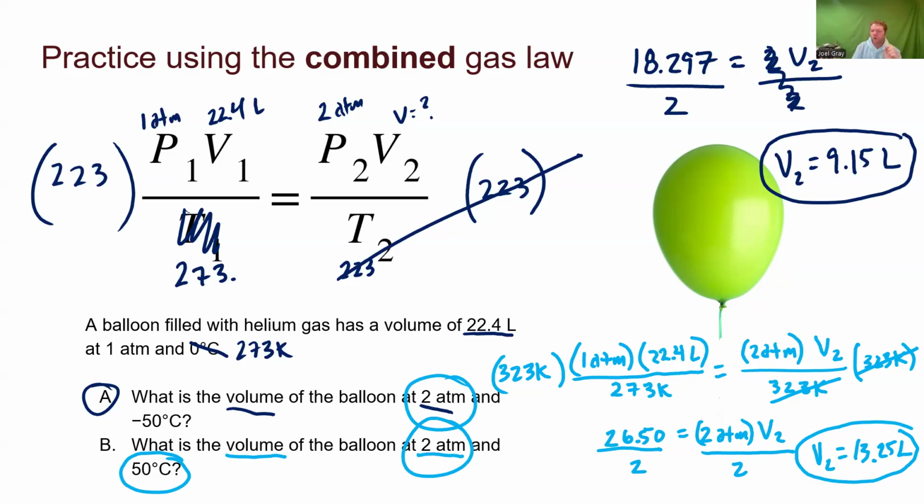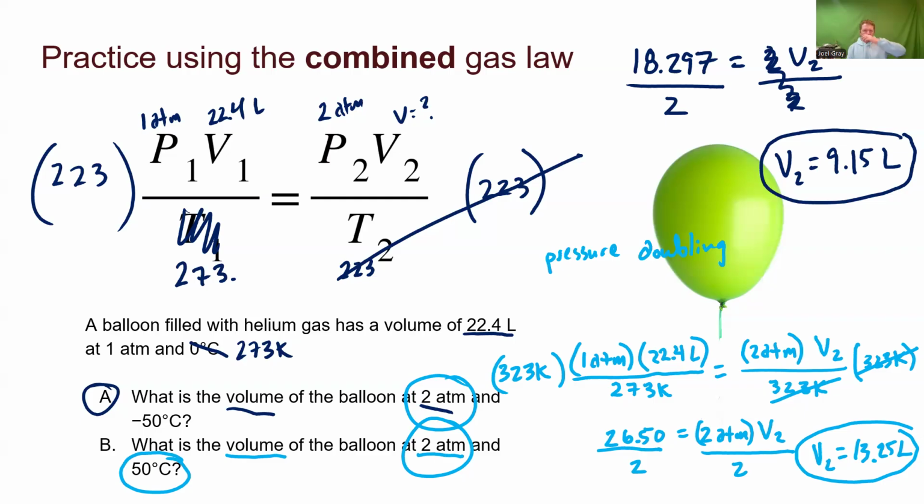Now, this is another follow up, and I want you guys to put an X in the chat if you follow this. Our pressure change alone, pressure doubling, maybe had a bigger impact on the volume than the temperature did.